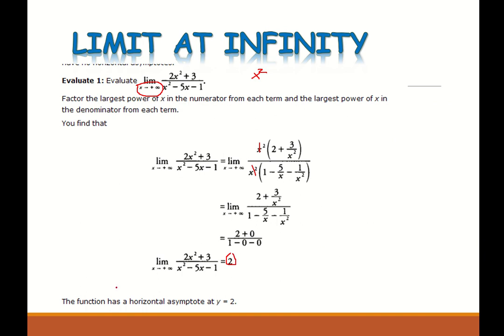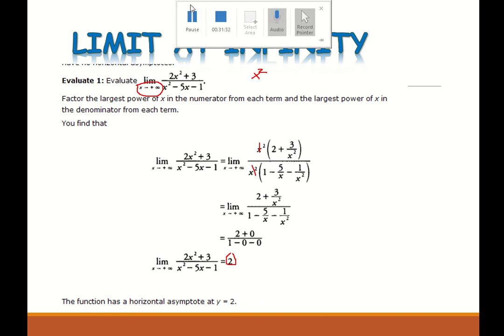Okay, so the function has a horizontal asymptote at y equal to 2. If you graph this, you will see that the function has a horizontal asymptote at y equal to 2. Is it clear?